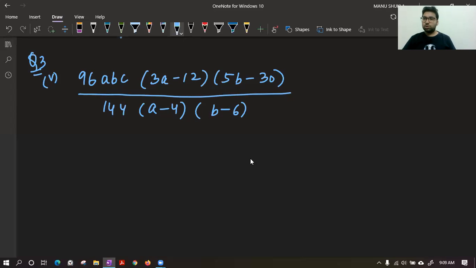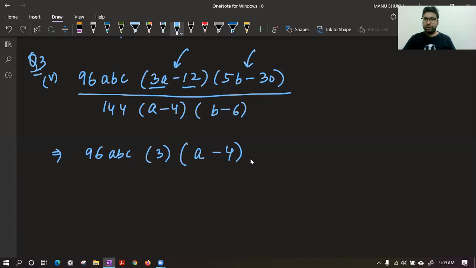So class, to solve this question we need to see, can we take anything common in these two? What is common in the first bracket, please tell? In the first bracket 3 is common because we have 3a minus 12, so we can take 3 as common. So 96 ABC, 3 will come out of this one, it becomes a minus 4.